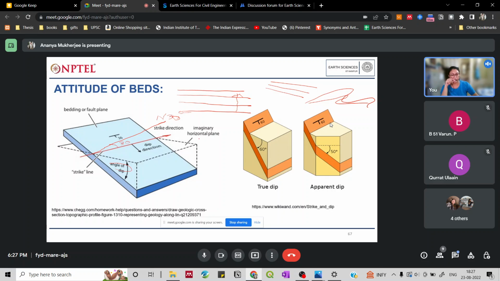Dip direction is always perpendicular to the strike line and always dipping downwards. We don't take the dip direction in the upper part of the bed; we take it in the downward direction. Over here we can see the dip direction, and this is the dip angle.